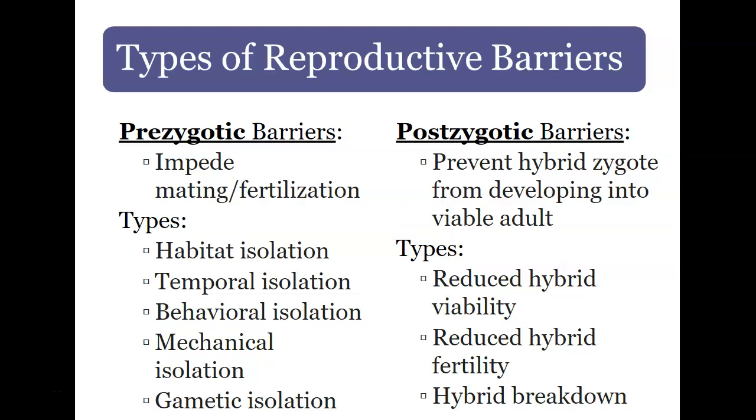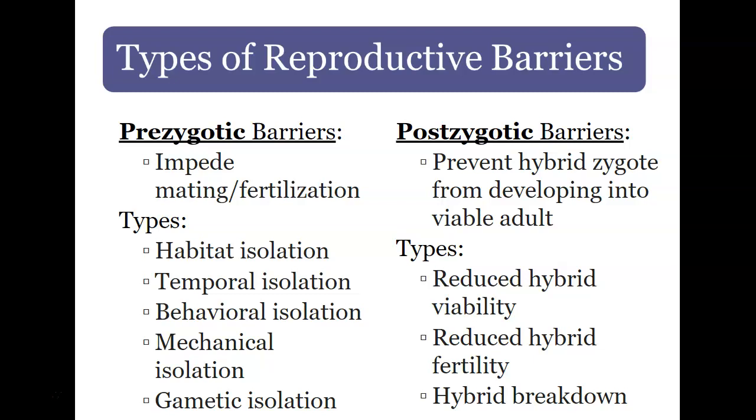So pre-zygotic includes things like an embryo never being fertilized or never being made. So habitat isolation, meaning they are never geographically in the same place at the same time. Temporal, meaning they're never out at the same time. Maybe they have different mating seasons.